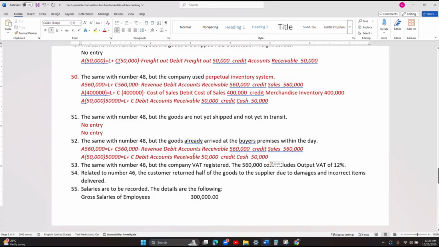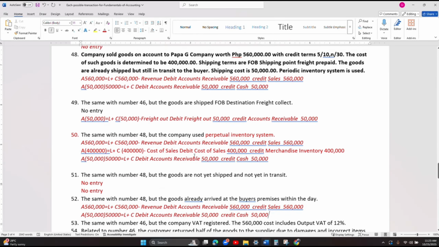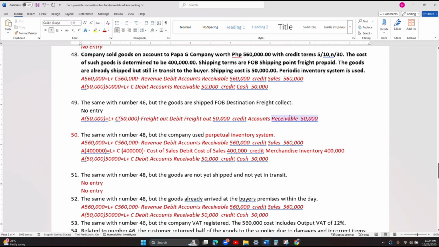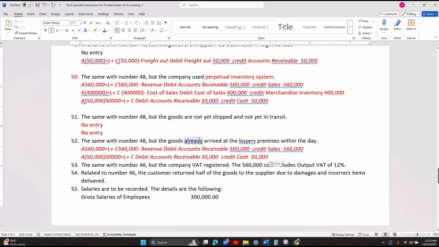And as to freight, since the shipping terms are FOB shipping point, that means the buyer should pay for the freight. And freight prepaid entails that you paid for the freight. So that meant you have shouldered another one's obligation.